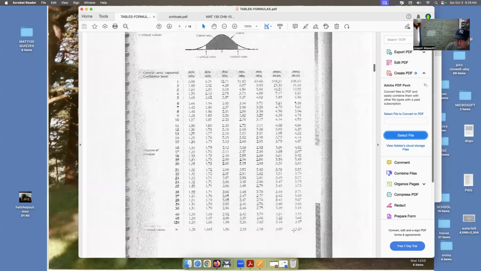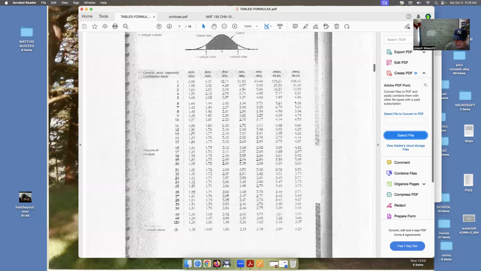So notice this bottom line here gives you the Z critical values for these confidence intervals. Okay? 1.645 for 90%, 1.96 for 95%, and for 99%, remember we used 2.575. They rounded that up to 2.58. But that's where these numbers are.